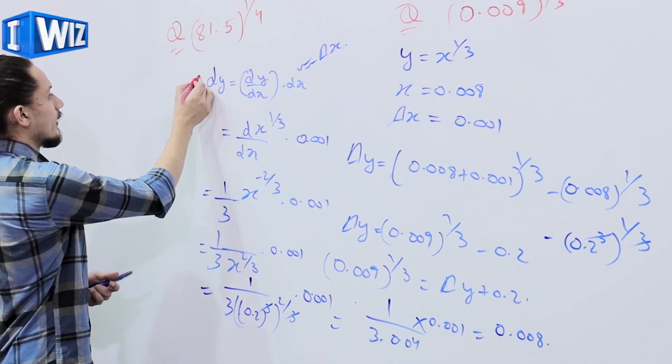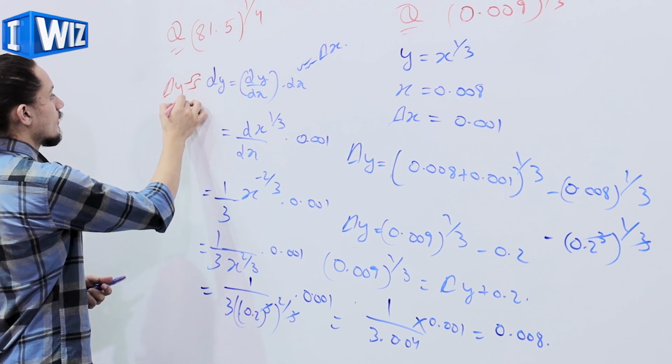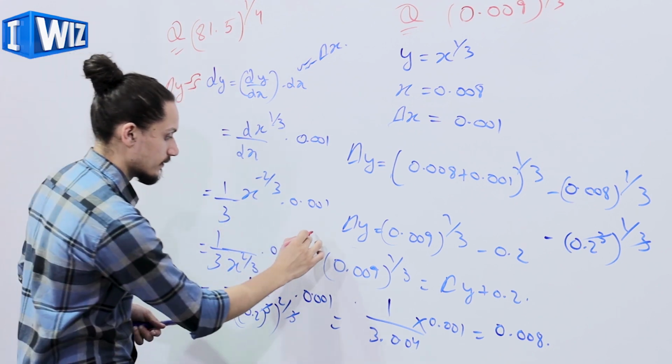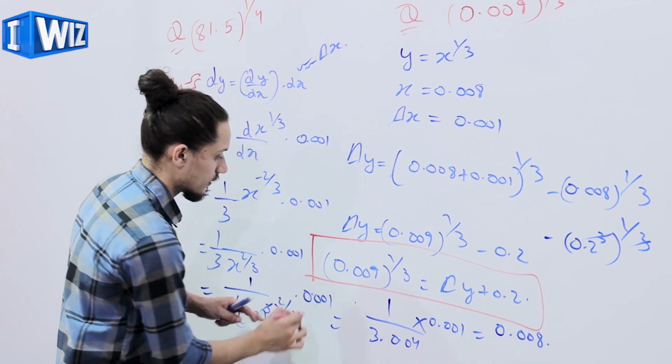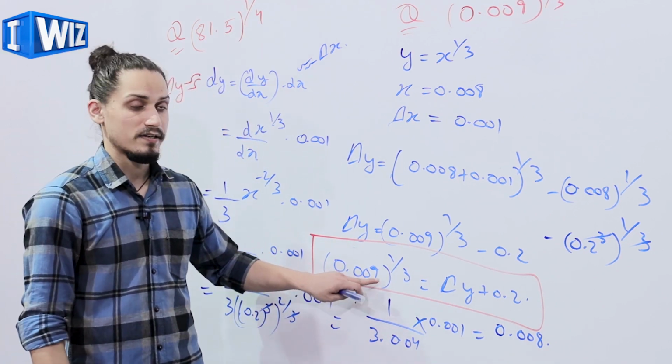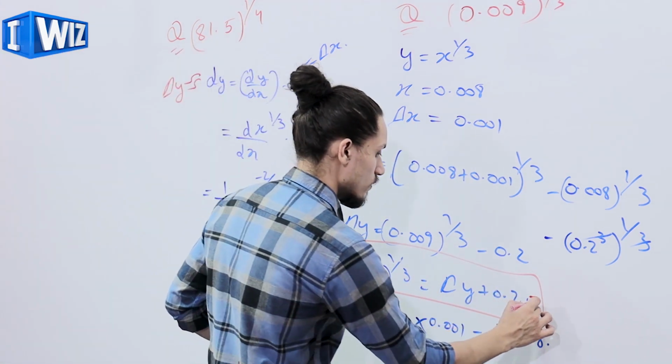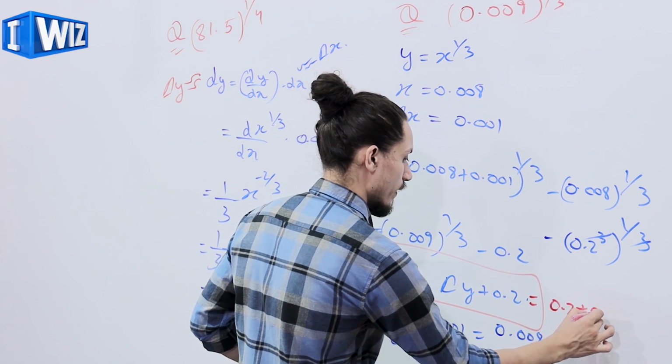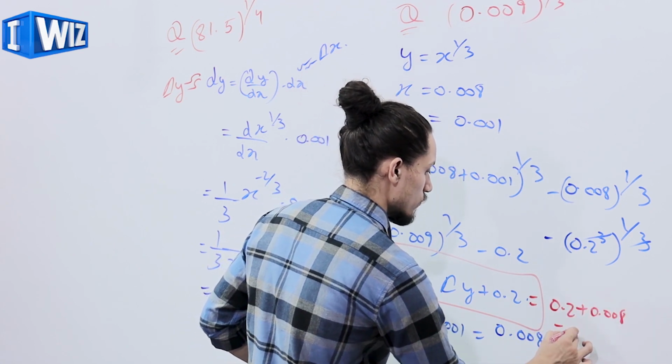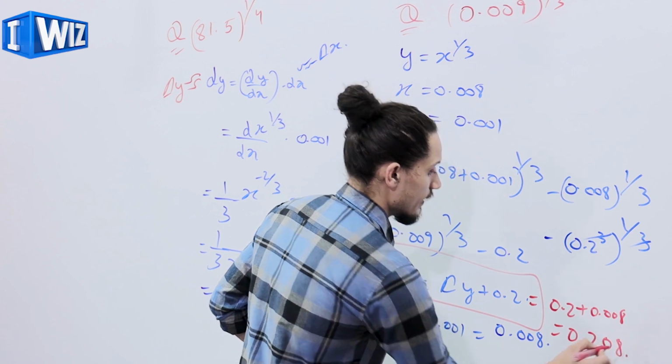Now we know dy is approximately equal to delta y. So using the value of delta y in this result, we can find the approximate value of 0.009 raised to power 1 by 3, which is equal to 0.2 plus 0.008, which is equal to 0.208, and hence the result.